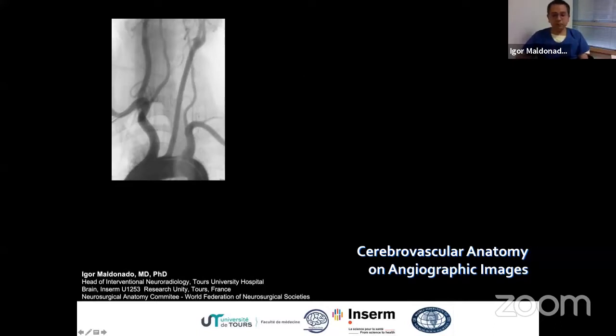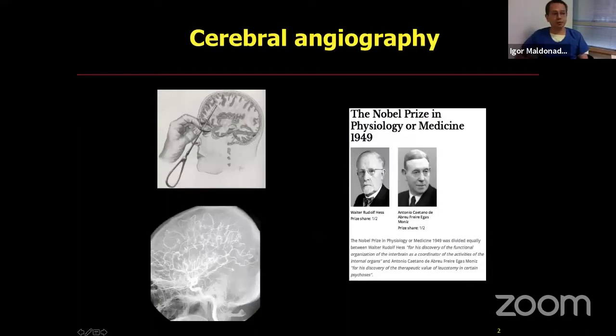So many of you remember the contributions of Egas Moniz to the development of cerebral angiography in the beginning of the last century. At that time, cerebral angiography was performed by direct puncture of the carotid artery without any kind of subtraction.